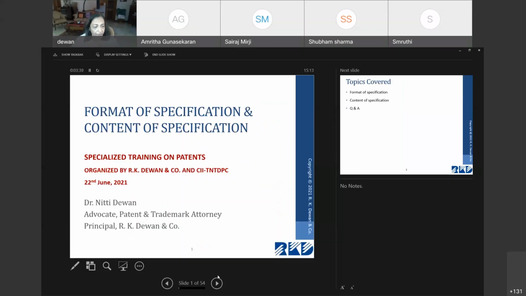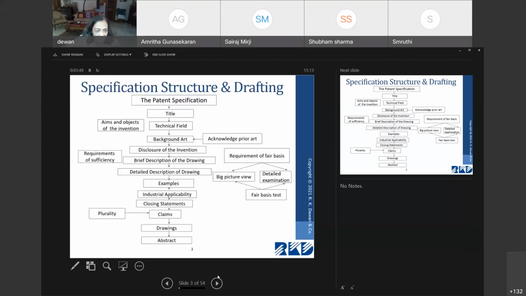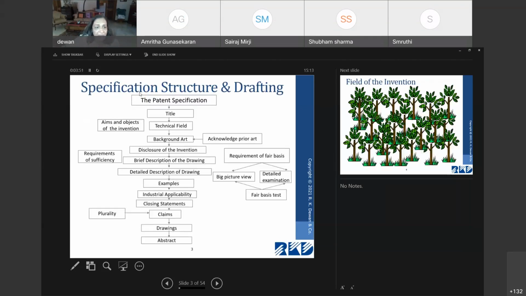So this is what we are going to do: the format of a specification and the contents of the specification, and we'll take any questions and answers. Here I have prepared a basic chart, which in a very concise manner tells you the contents of a particular patent specification.